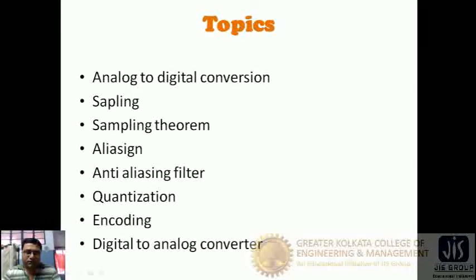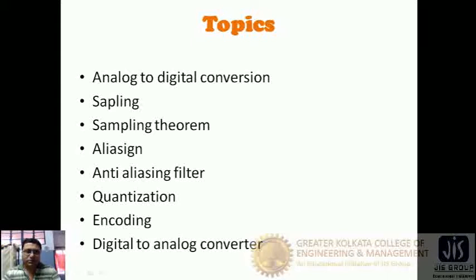In this session we are going to discuss analog to digital conversion and the reverse of it, that means digital to analog conversion. We all know that our whole world is analog and our systems are digital. So to process this, converting analog to digital and digital back to analog, several steps are required.